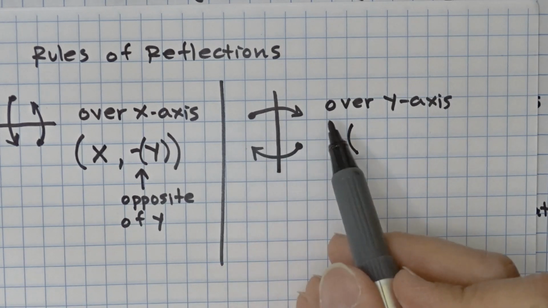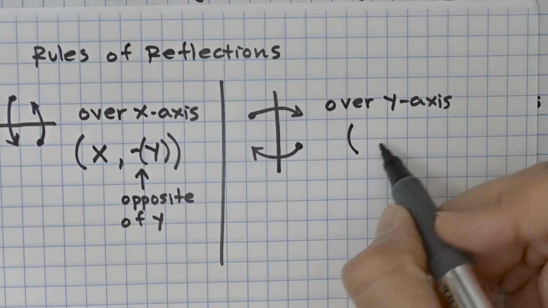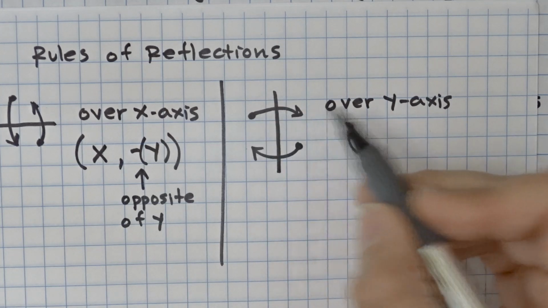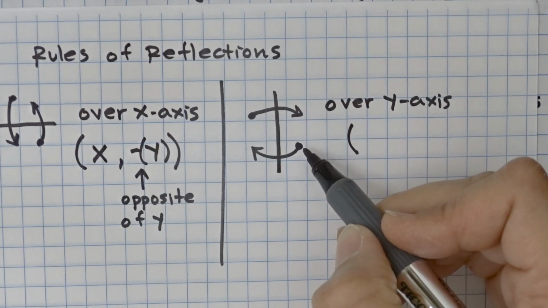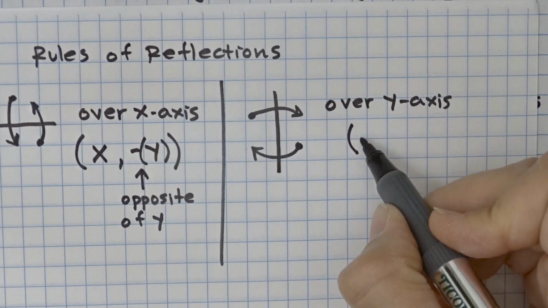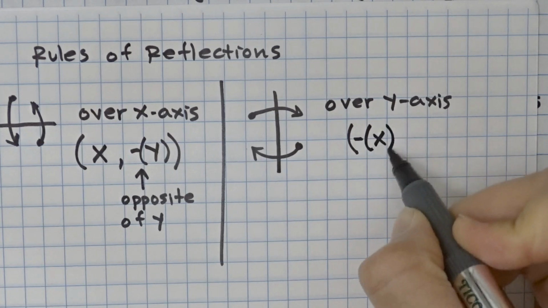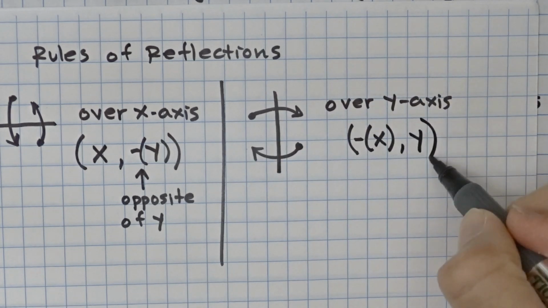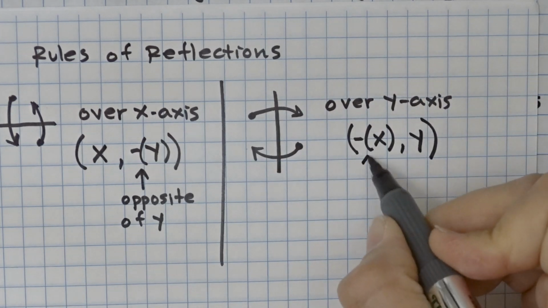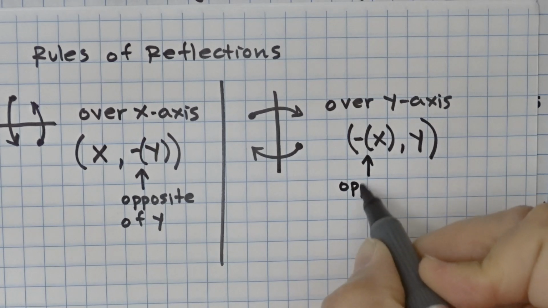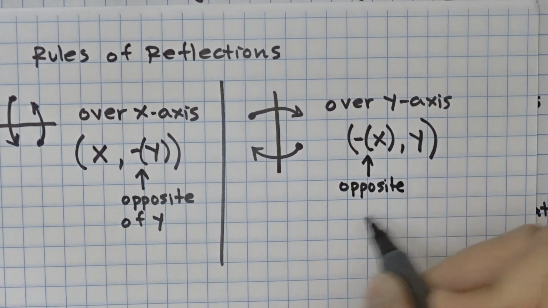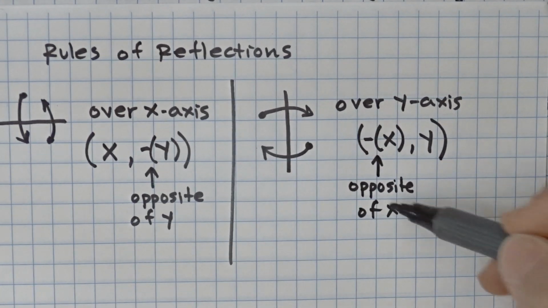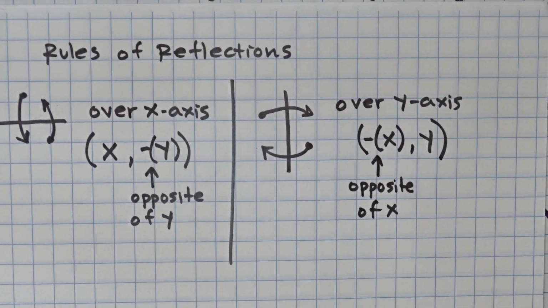So from left to right, that's horizontal, which means our x-coordinate is going to change. If you're on the negative side, it's going to come to the positive. If you're on the positive side already, it's going to go to the negative. So that means you're going to have the opposite of whatever x was. But the y, you're not going up or down anywhere, so you're just going to keep the same y. Nothing's going to change. So again, that means you're going to have the opposite of x. All right, and again, opposite means two numbers that are the same distance from zero.